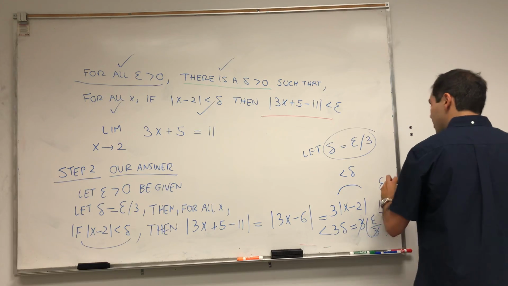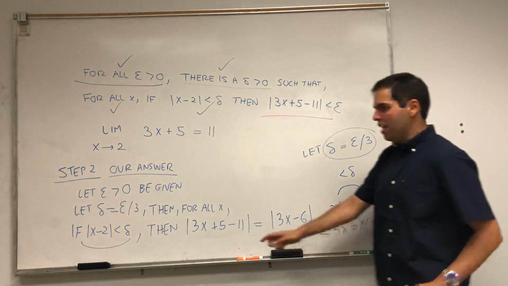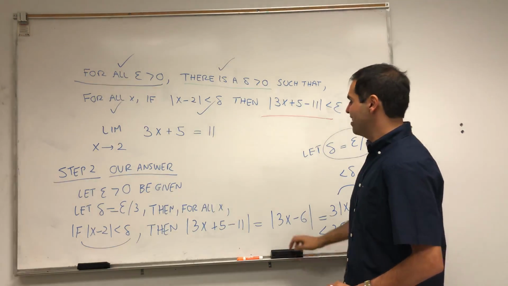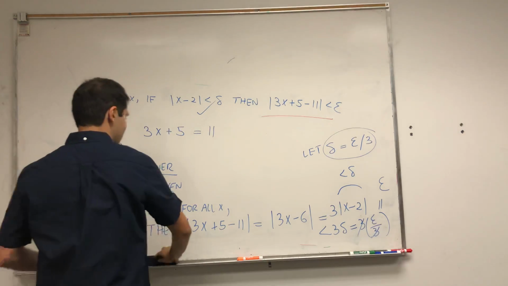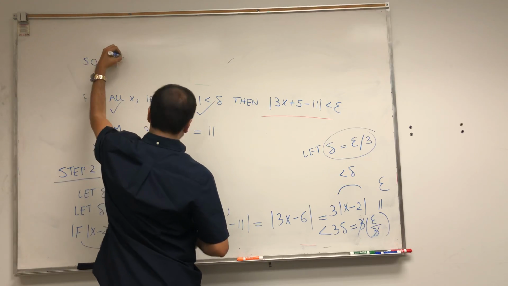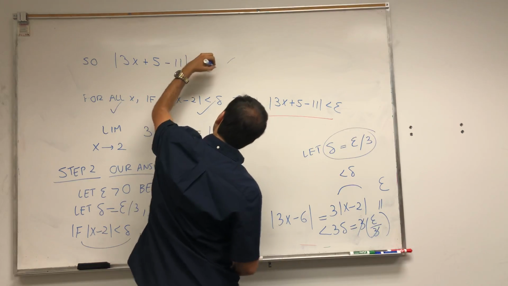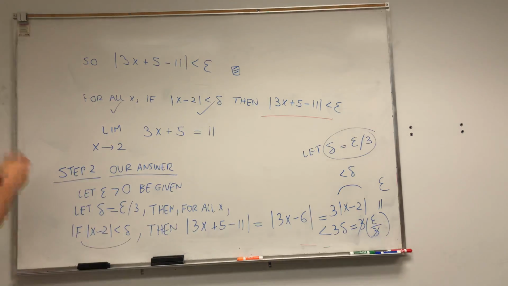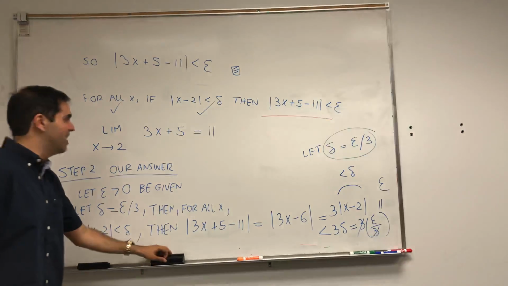And lo and behold, this is epsilon. So indeed, you have shown that if x minus 2 is less than delta, then 3x plus 5 minus 11 is less than epsilon. And then you're basically done. You can put a little box here that gives you your victory because you have shown your epsilon-delta proof and you've shown rigorously that this limit is 11.